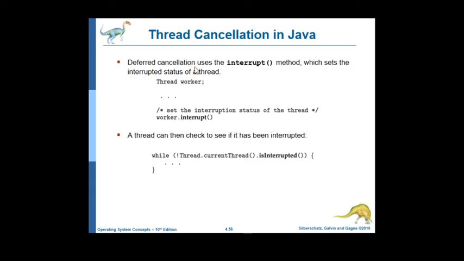To cancel a Java thread, we invoke the interrupt method, which sets the interruption status of a target thread to true. A thread can check its interruption status by invoking its interrupted method, which returns a Boolean value of the thread's interruption status.